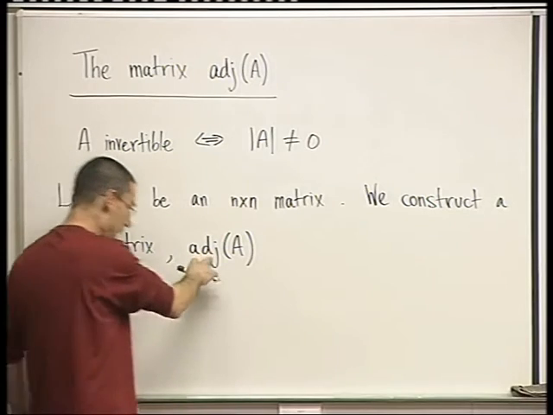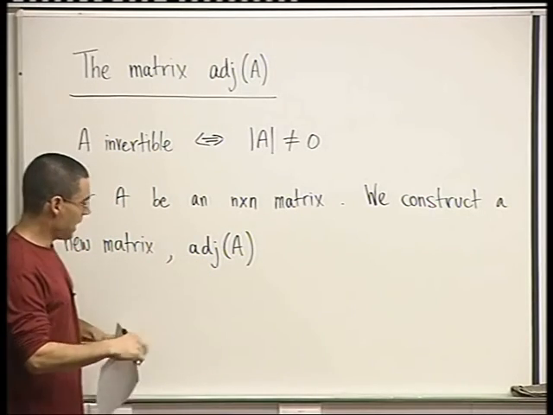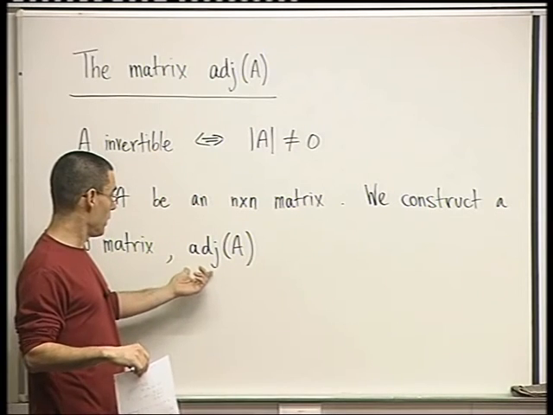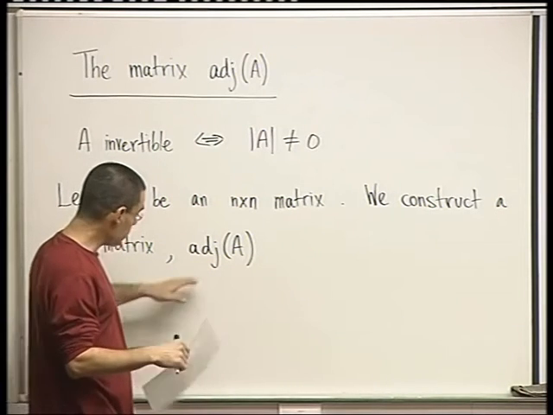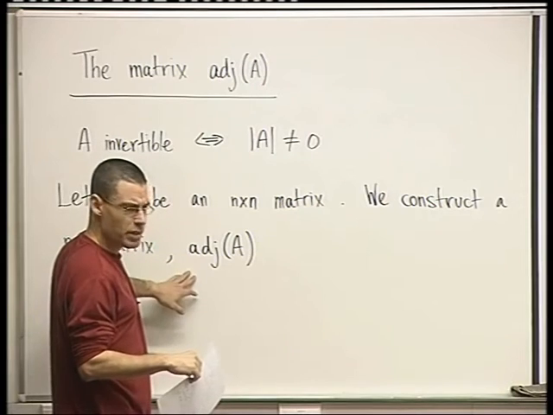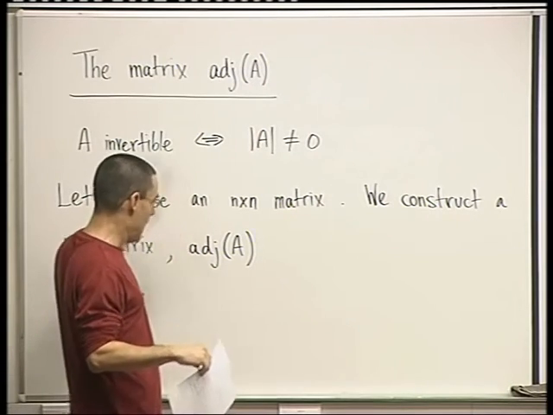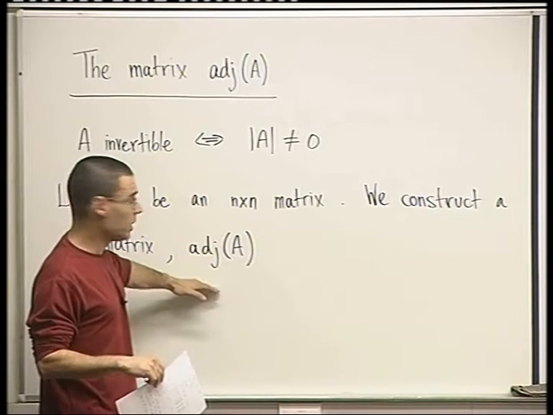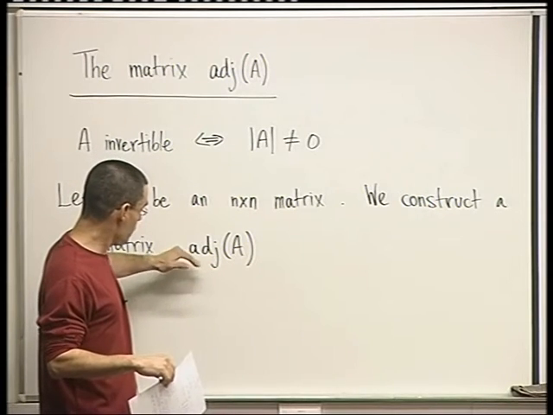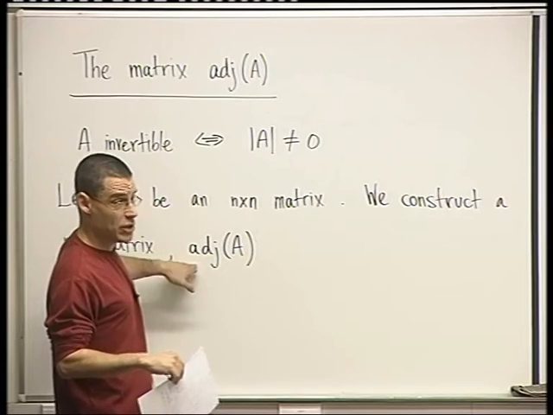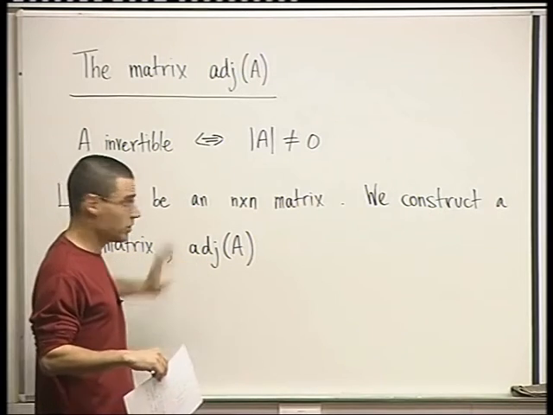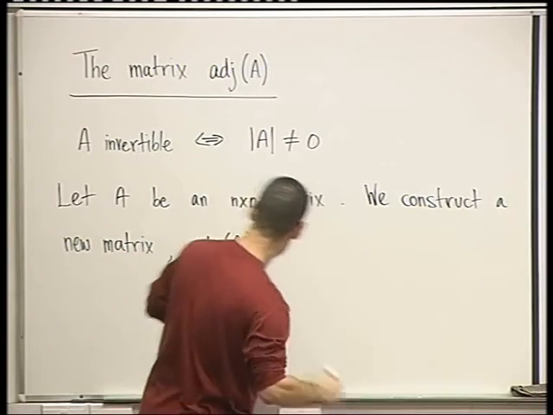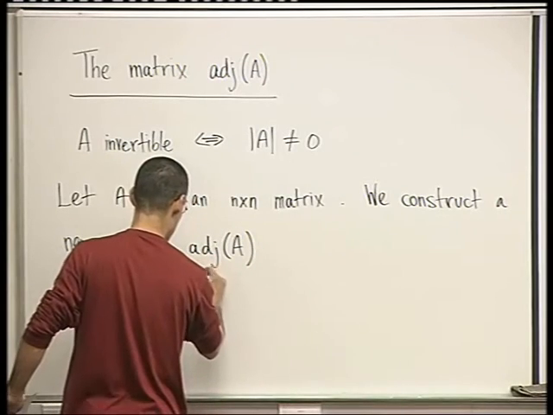Now this word Adj used to stand for the adjoint of A, but classically I learned it as the adjoint of A, but the terminology today is usually that this is called the adjugate matrix, where the adjoint is reserved for something else. So let me write it here, Adj for adjugate.